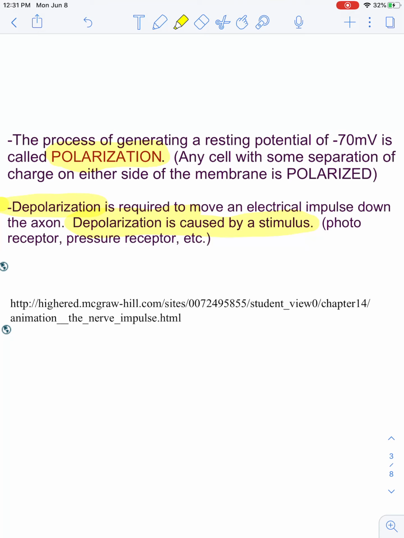There we go. Okay. So we're just going to let that depolarization go. And that happens because of these sensory receptors on your sensory neurons. So the question is, how do we get the electricity to start? How does light cause electricity to start moving through the neuron in your eye?